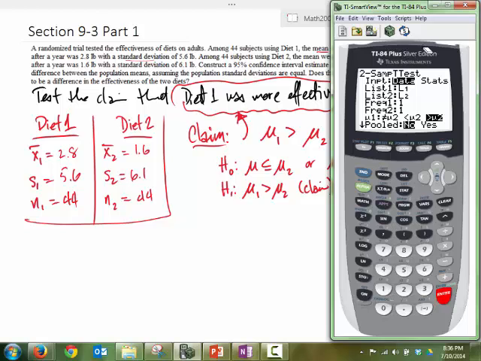We use z if sigmas were known, yes, you would use the z, and that's the other part of this section. But again, sigma being known is not likely in the real world.